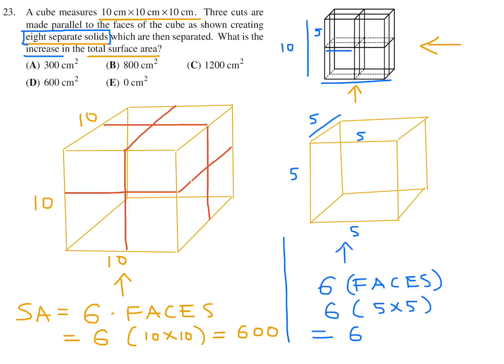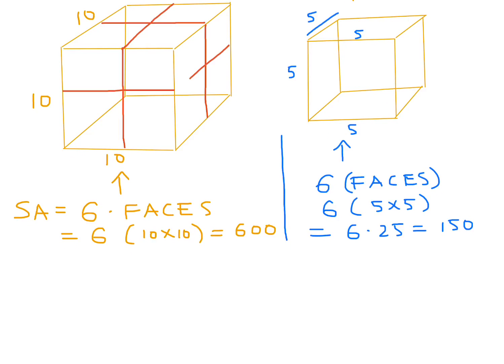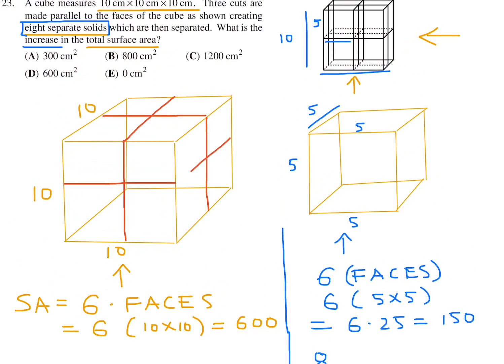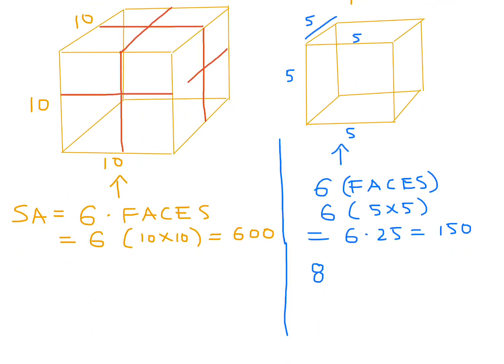So this is 6 times 25, which is 150. Now remember, there's 8 of them. So the total for the 8 solid pieces in terms of its surface area would be 8 times that. And that is, of course, equal to 1200.